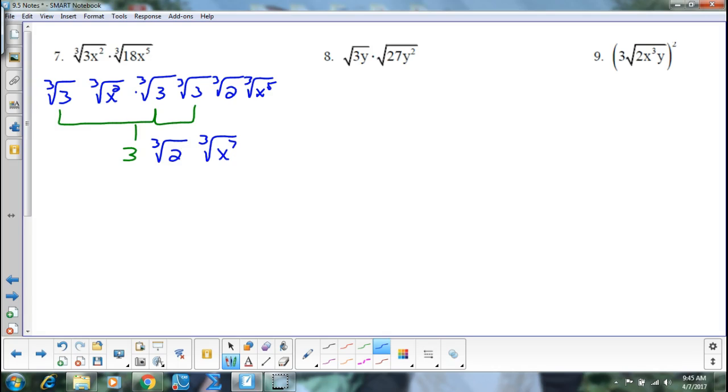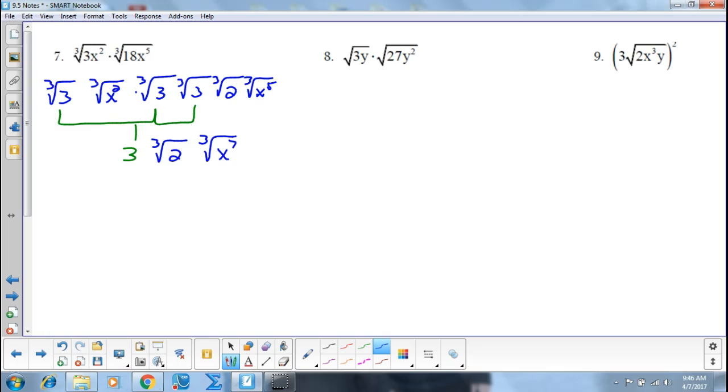Right? Can I simplify the cube root of 2? No. Can I simplify the cube root of x to the 7th? Yeah. So that one becomes the cube root of x to the 6th times the cube root of x, and this becomes x squared, right?